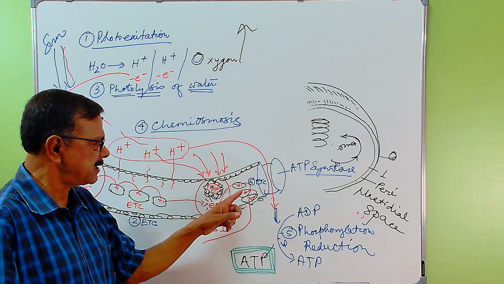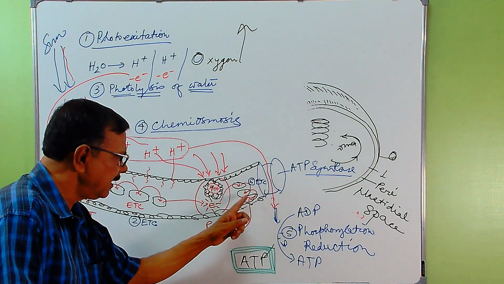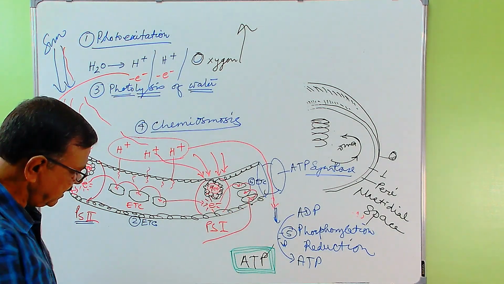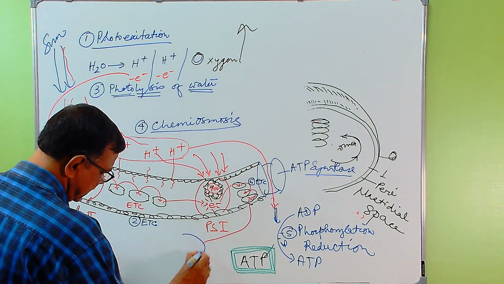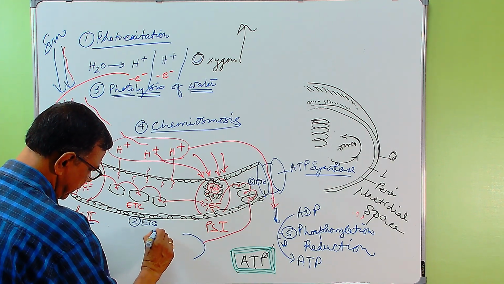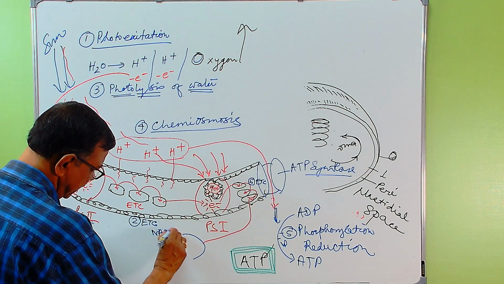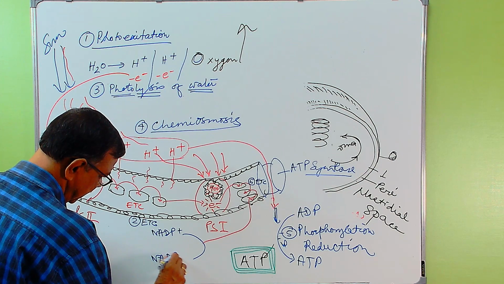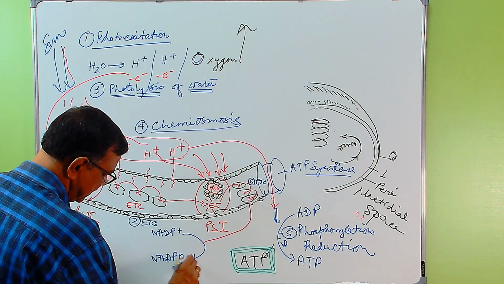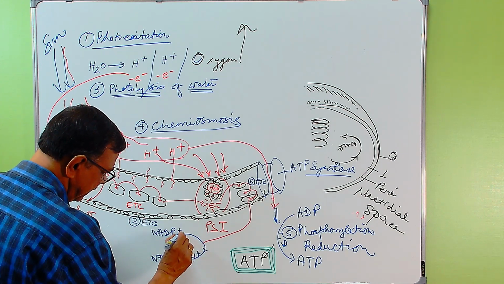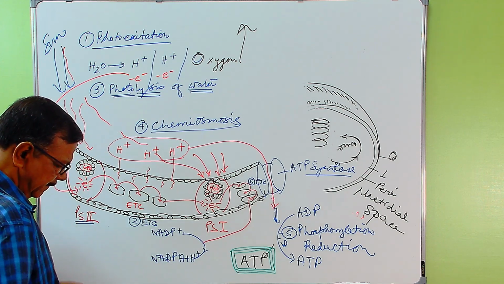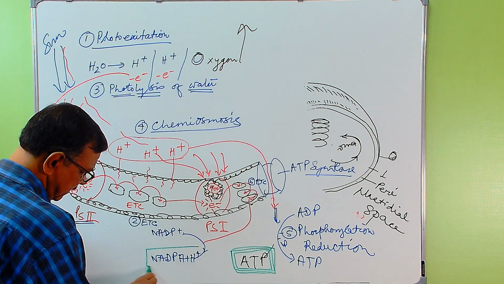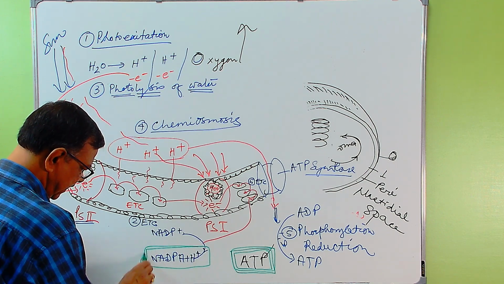That electron again passes on to the electron transport chain, and ultimately the electron passes on to the stroma. And this electron reduces the NADP plus to NADPH plus H plus. So here is another important product required for the second part of the reaction.